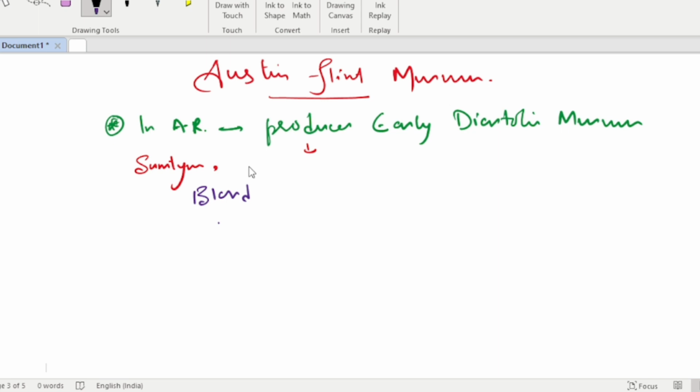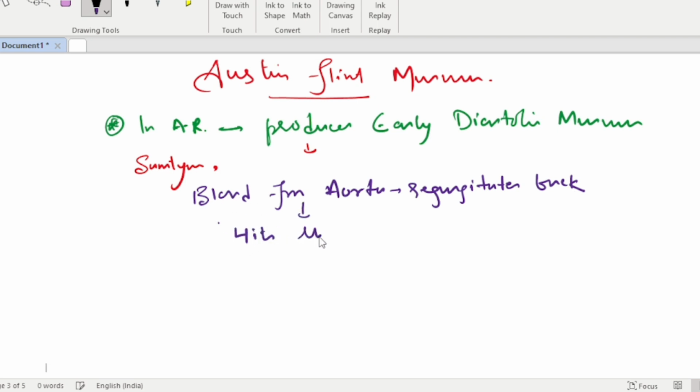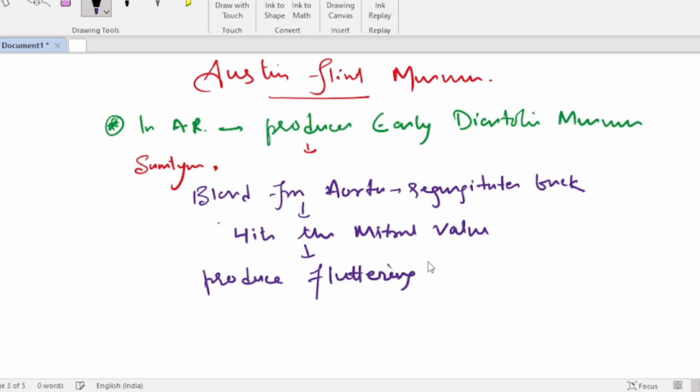The valves are not getting closed properly, so blood regurgitates back. Blood from the aorta returns back, and it hits the mitral valve, and on hitting it produces fluttering of the anterior leaflet of the mitral valve.